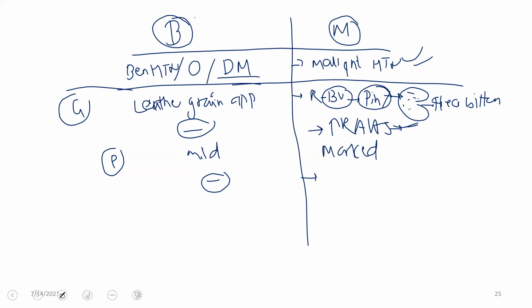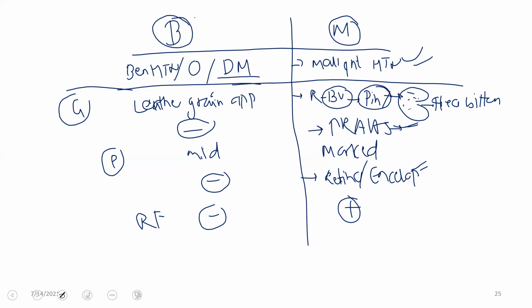So the signs of malignant hypertension, like retinopathy and encephalopathy, are present. And because of all these facts, we can easily suspect that renal failure will be less common in benign nephrosclerosis, whereas it will be more common in malignant nephrosclerosis.